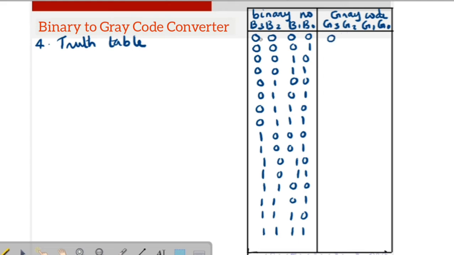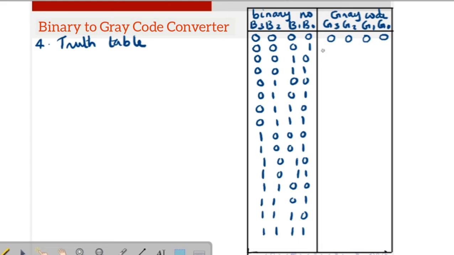Then G2 is, if B3 and B2 are same, then G2 is 0. Then for G1, take B2 and B1, if both are same, then G1 is equal to 0. Then for G0, take B1 and B0, both are same, then G0 is equal to 0, right? If these two bits are different, then that bit is equal to 1.